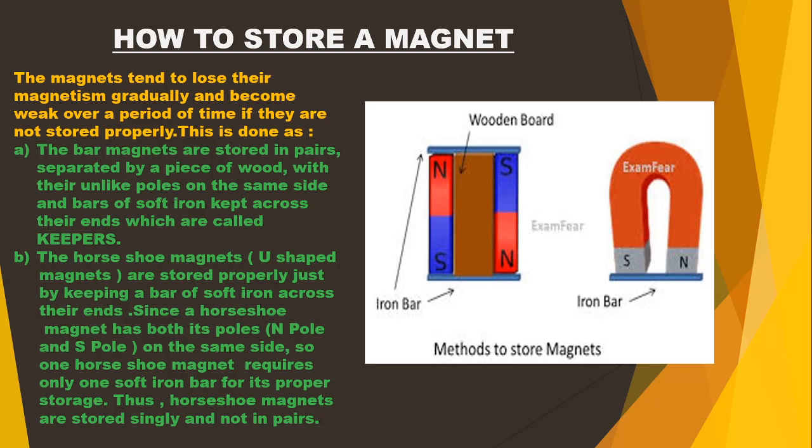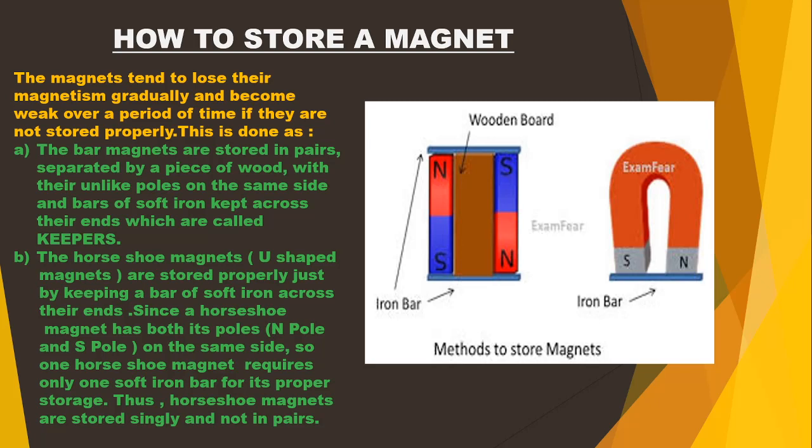Since a horseshoe magnet has both its poles, the North Pole and the South Pole, on the same side, one horseshoe magnet requires only a soft iron bar for its proper storage. Horseshoe magnets are usually stored singly, not in pairs.